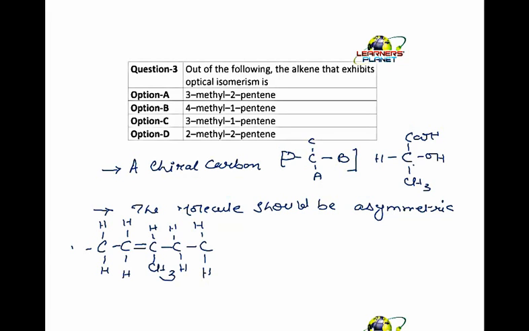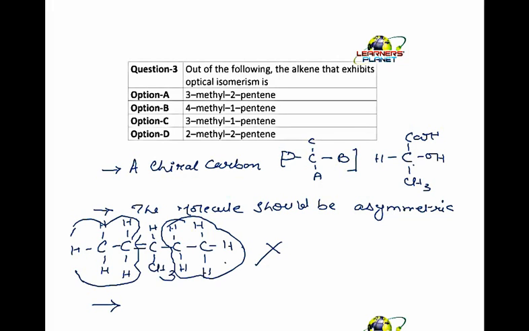No, it is not, right? So this is one group, which is again an ethyl group, and this is another group. So that is the same group, C2. So this is not an optical isomer.